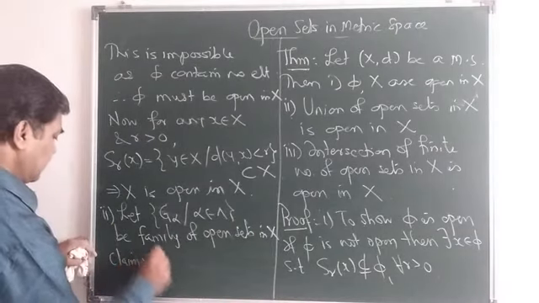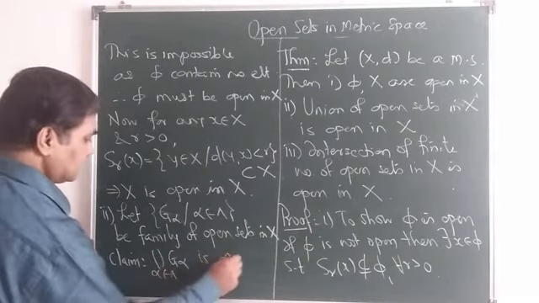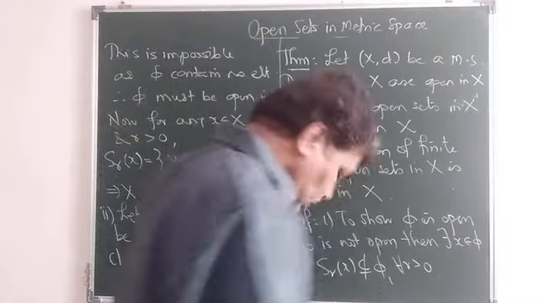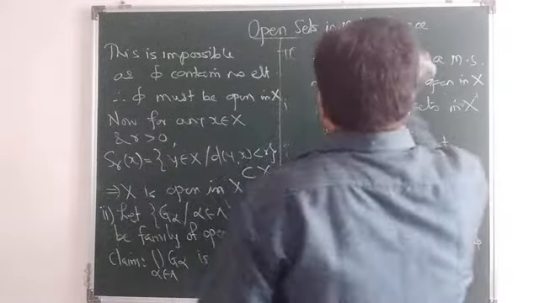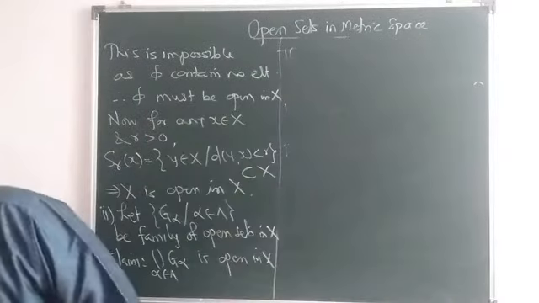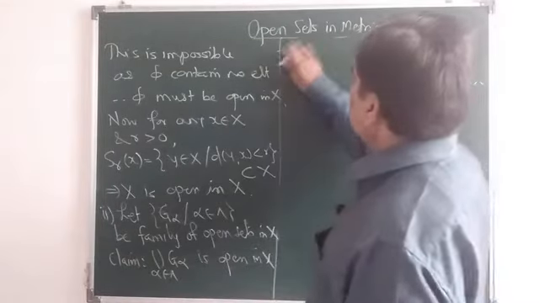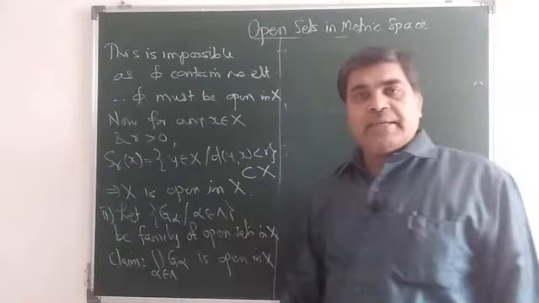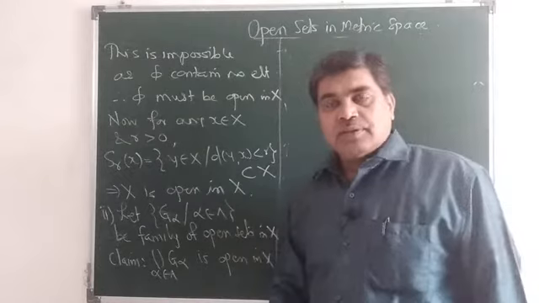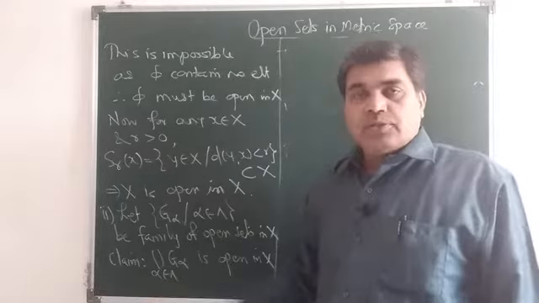To show that the union of G alpha, alpha belonging to the index set, is open in X. This union may be a union of a finite number of open sets, maybe a countable union, or maybe an arbitrary union. There is no restriction on the choice of union of open sets.